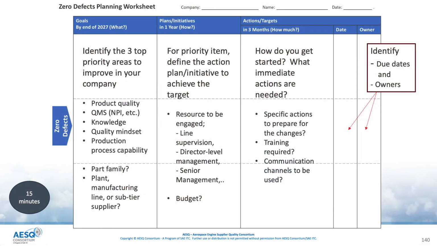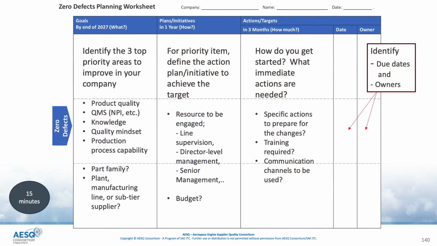This is the format of the worksheet, which is created from the left. That is a goal by the end of 2027. So this will be the column that you want to fill your vision at the end of the next 3 years.